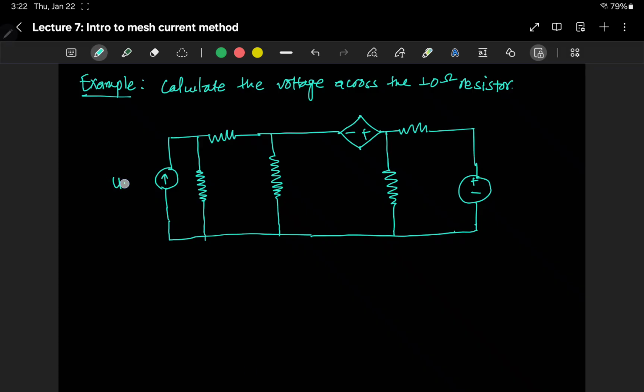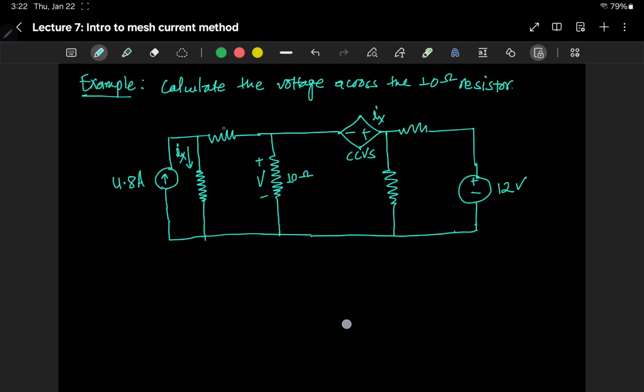So this current source is 4.8 ampere and this voltage source is 12 volts, and we are asked to determine the voltage across this 10 ohm resistor. So let's say voltage across 10 ohm resistor is V, and this is a current controlled voltage source, and that current is dependent on the current flowing here, so Ix.